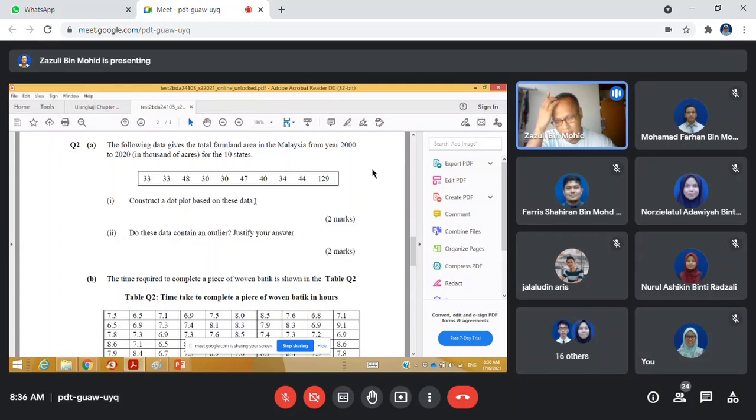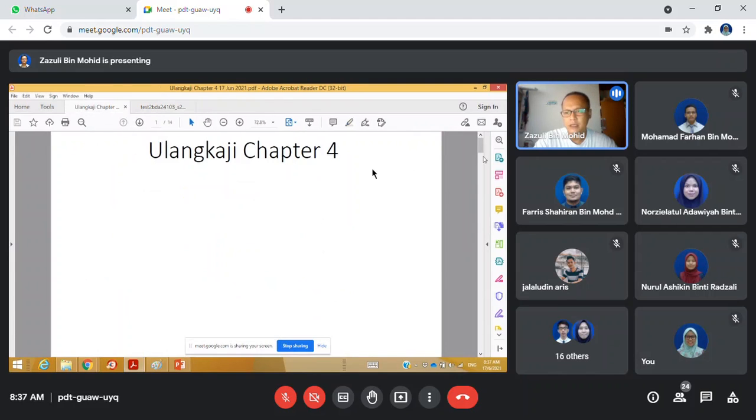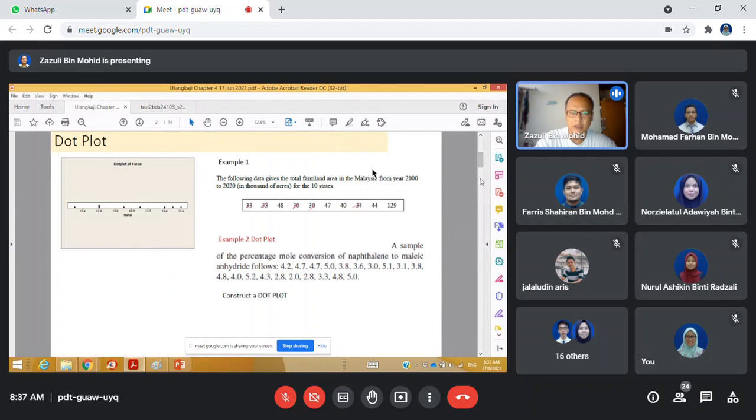From all of the answers, I found one or two answers which are not doing the dot plot. Okay, from the answer, I saw that the answer is a box plot. Box plot and dot plot are very different things. So make sure you don't make a mistake in your examination.